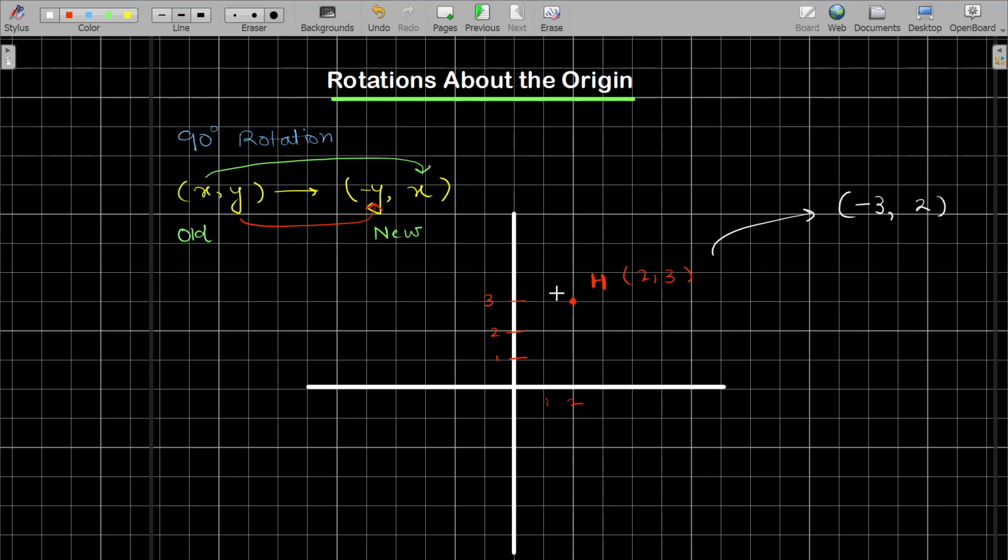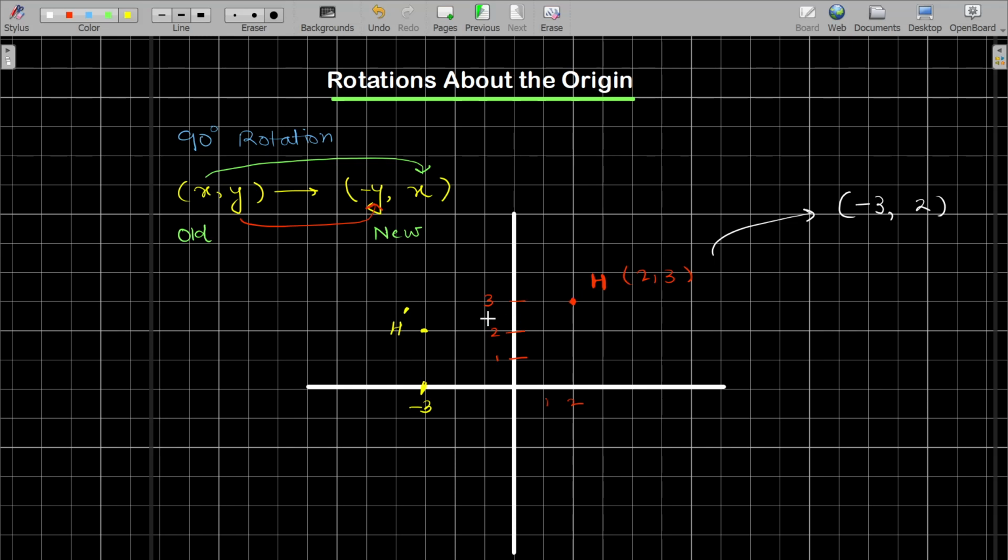So if we rotate it counterclockwise 90 degrees around the origin, the new point H' will be (-3, 2). So 1, 2, 3. This is -3 and 2. So this will be the image of H after rotation.